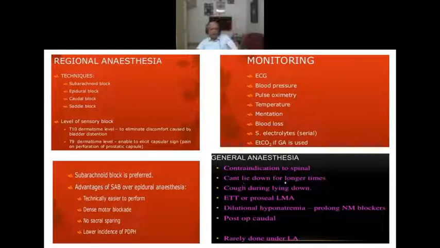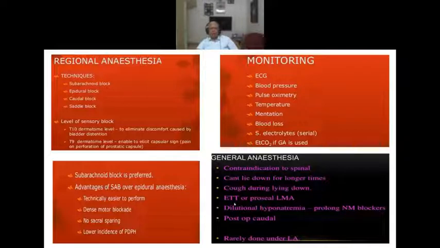This is a very important preoperative assessment we have to make. You must ask the patient, are you able to sleep flat in your bed over the night? He says, no, I sleep with 3 pillows or 4 pillows, or I keep sleeping sitting. Then it is not possible to do the surgery for them with a regional technique. Or if he develops a cough during lying down, then you have to go for GA.